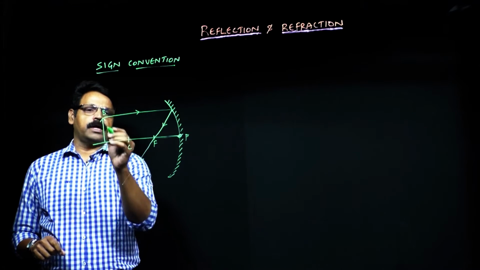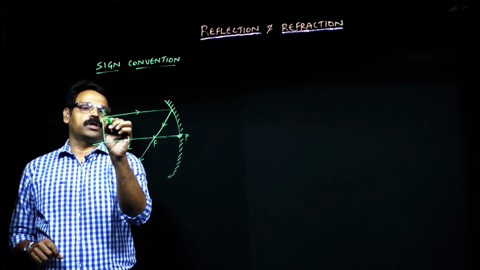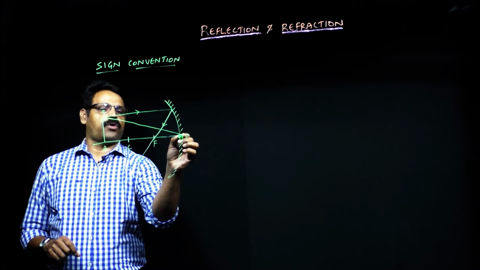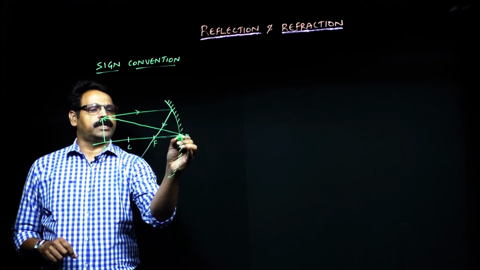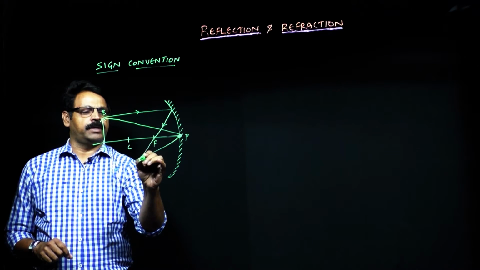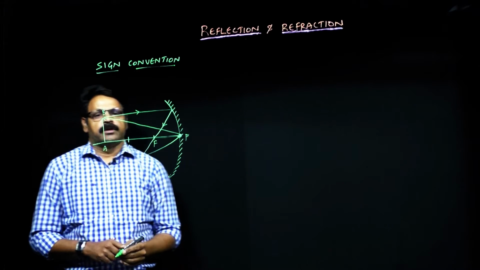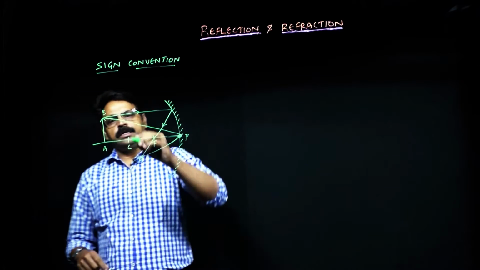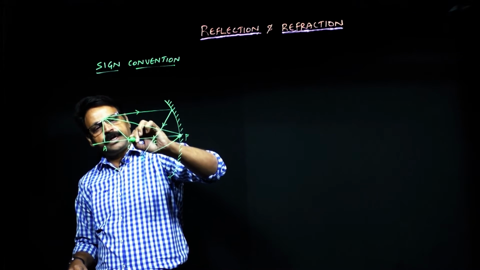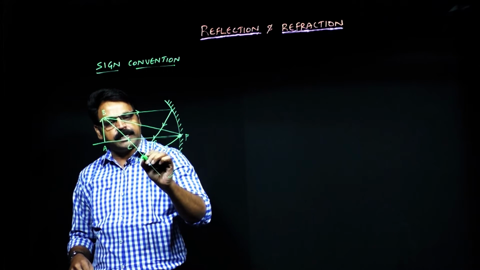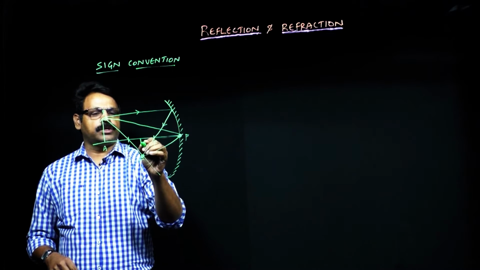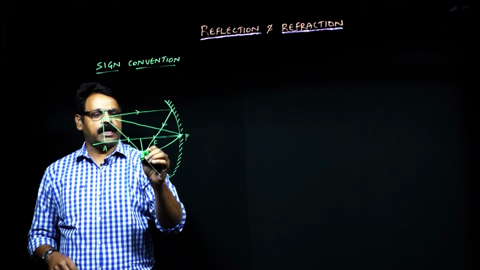Now the ray which is falling onto the pole, if it is incident like this, from our common knowledge it will be reflected with the same angle. So it is reflected and meeting the ray somewhere here. Similarly, the ray which is passing through the center of curvature will definitely pass like this. That means again it is meeting somewhere here. Therefore, the image is going to be between C and F.